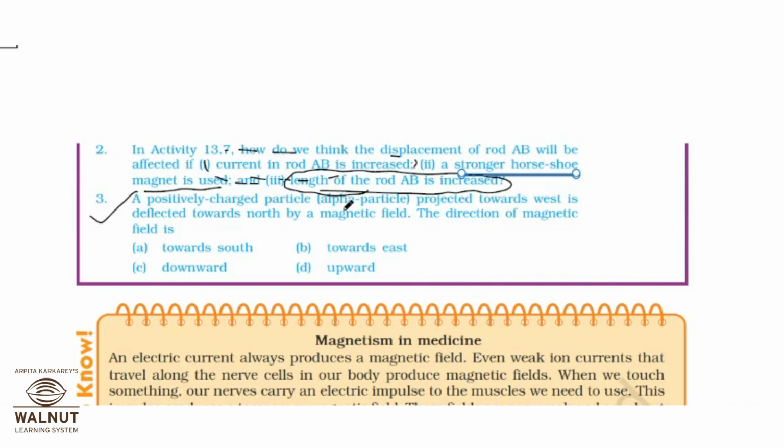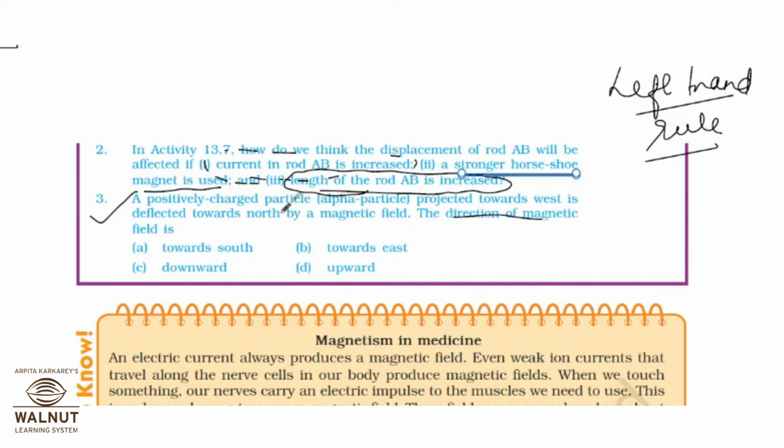A positively charged particle, alpha particle, projected towards west is deflected towards north by a magnetic field. The direction of the magnetic field is, now see, over here, you have to find the direction of magnetic field. You will be using left hand rule for this.